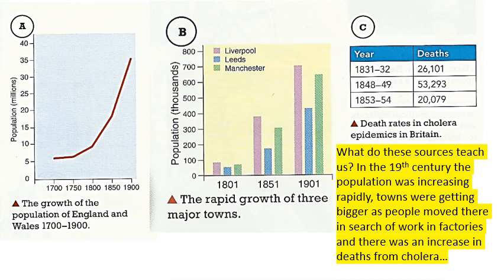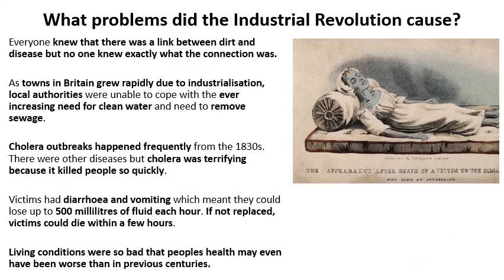So over the 20 years when industrialization is really booming, there is a price to pay: cholera and increased death rates. There were no public health measures taken by councils or anything like that. Nobody really knew what caused disease.